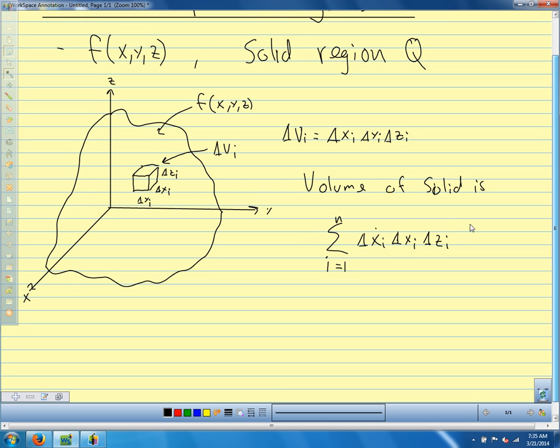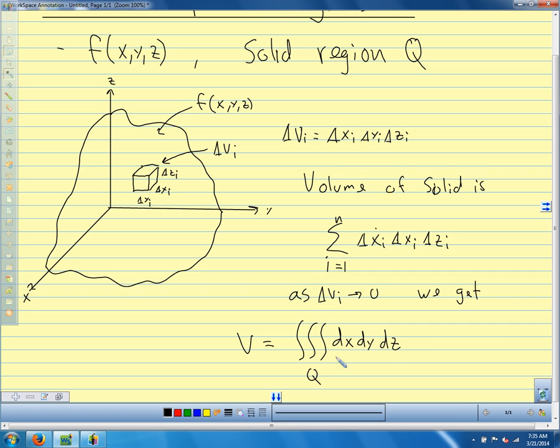So the volume of the solid would correspond to our definition of a double integral if we were talking about two dimensions. So we're going to make this our definition of a triple integral. As delta v sub i approaches 0, we get the triple integral over Q, our volume, of dx, dy, dz.